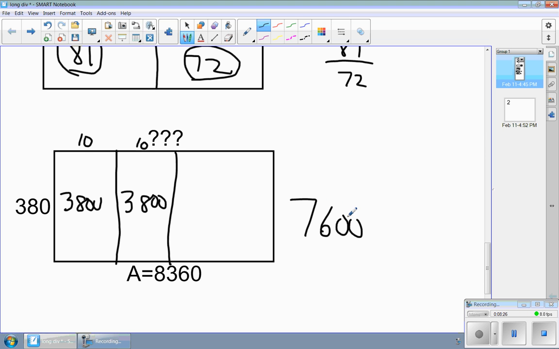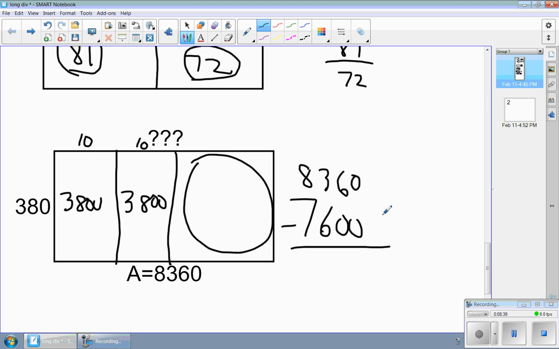That's my sum. So if I continue with 8,360 and I subtract it, that would give me the area of this piece right here. So using any method that we might use, we have this particular area is 760 units squared.